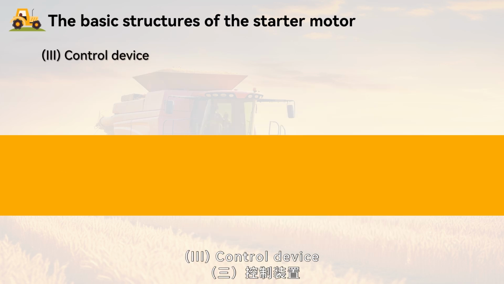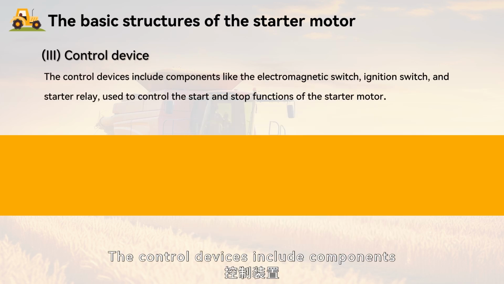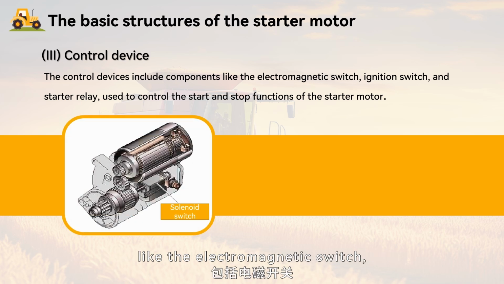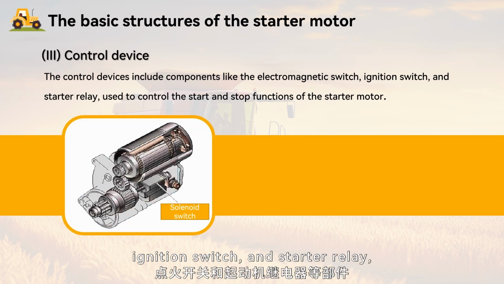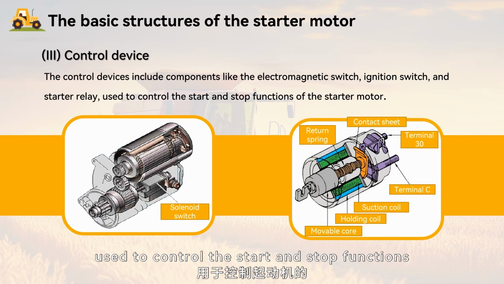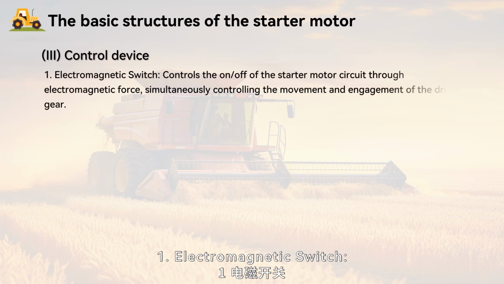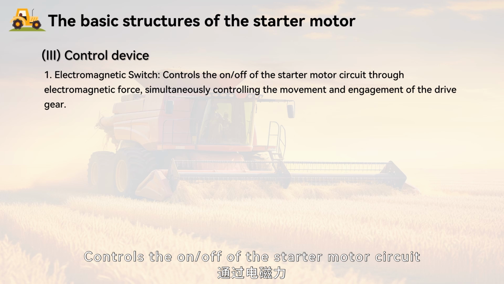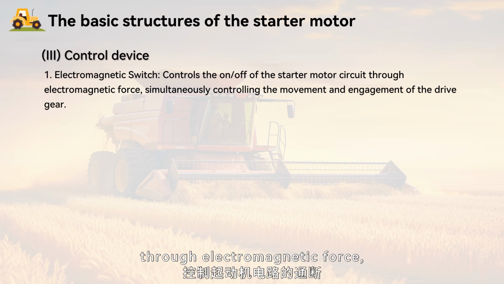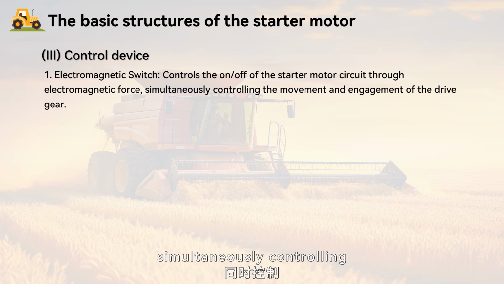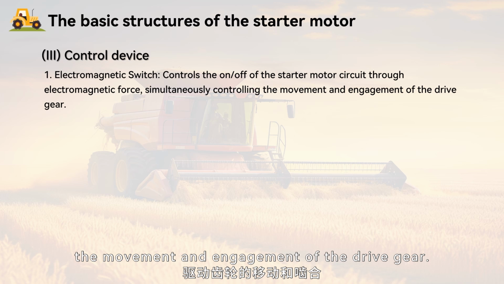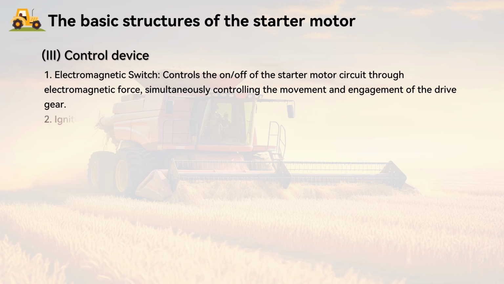3. Control device. The control devices include components like the electromagnetic switch, ignition switch, and starter relay, used to control the start and stop functions of the starter motor. 1. Electromagnetic switch. Controls the on-off of the starter motor circuit through electromagnetic force, simultaneously controlling the movement and engagement of the drive gear. 2.